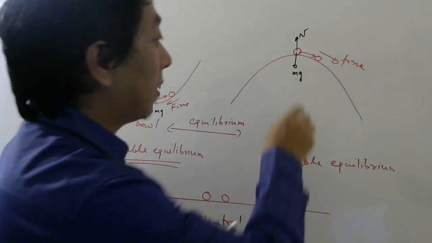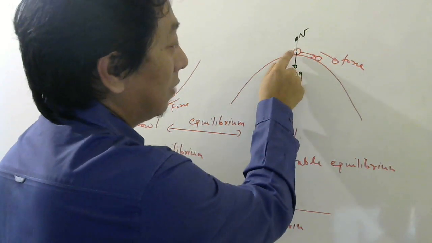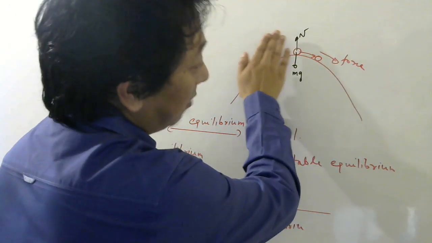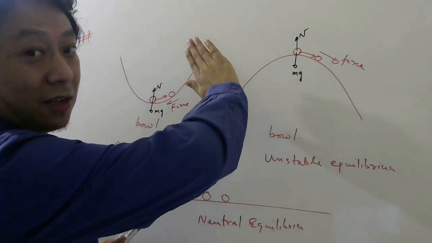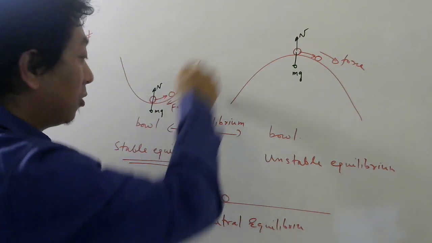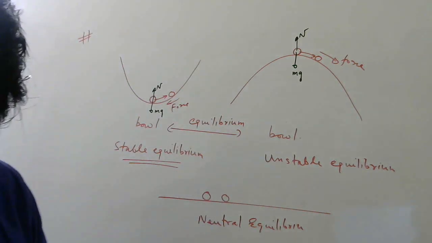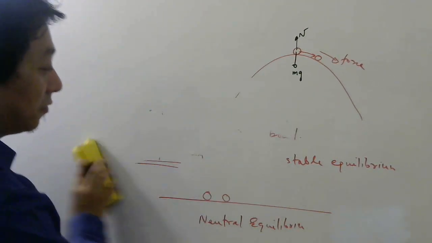Here it will not come back, because the force will be in the other direction. Wherever you give displacement, the force will be in the same direction. Here, if you give displacement towards the right side, the force will be towards the left side.